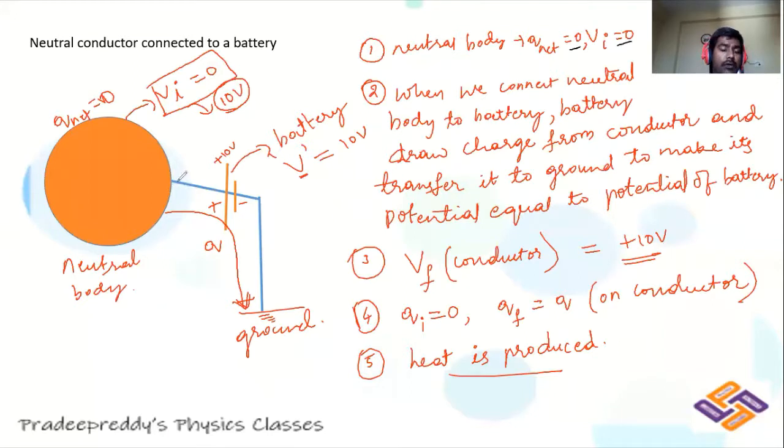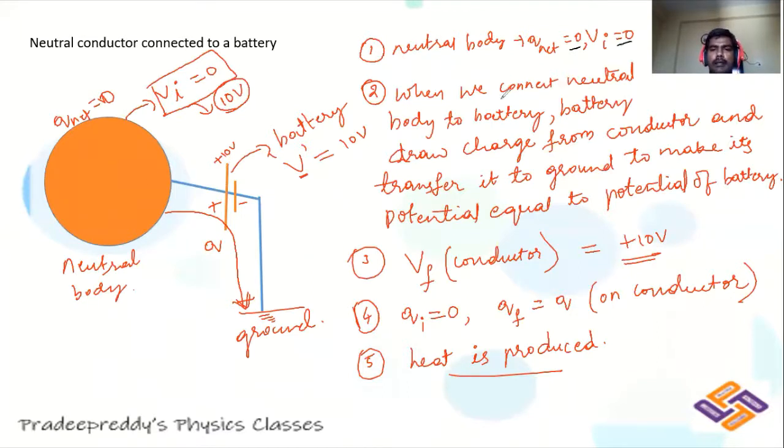That depends upon the potential to which you are connecting that particular body. Suppose this battery has a voltage of minus 10 volt. In such a case, it will draw charge from ground and transfer it to the neutral body, so that the net potential becomes equal to that of the battery.